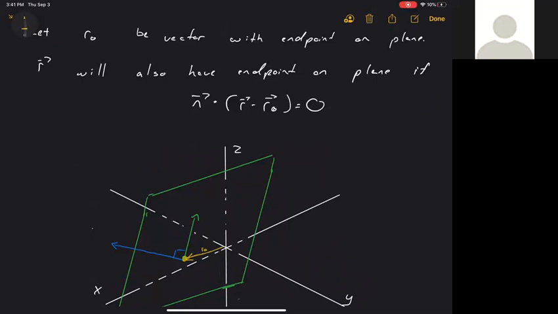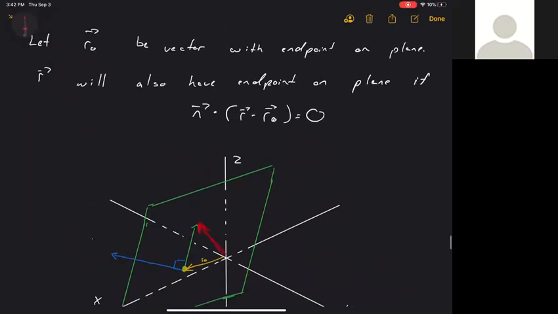And then, actually, no, r would be this vector here. So this is just some other vector with an endpoint on the plane. Well, r minus r sub 0, what is that? That would be the green vector. That vector is going to be inside the plane. So this is r minus r0.